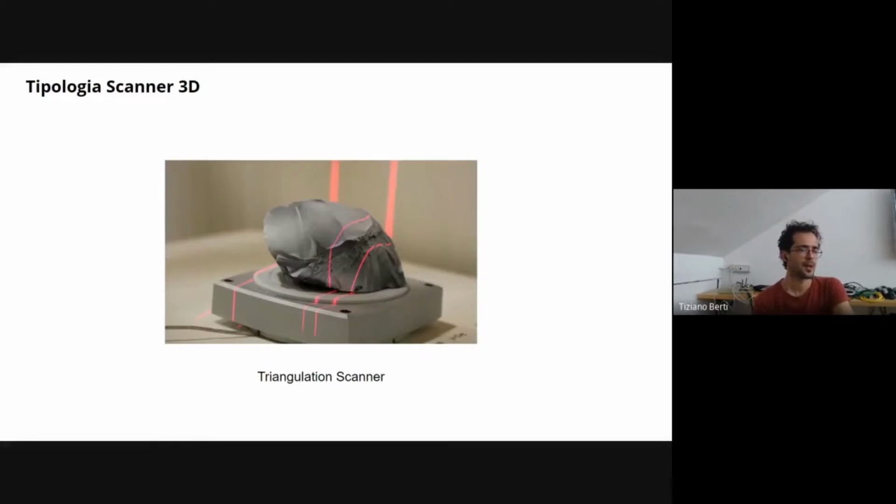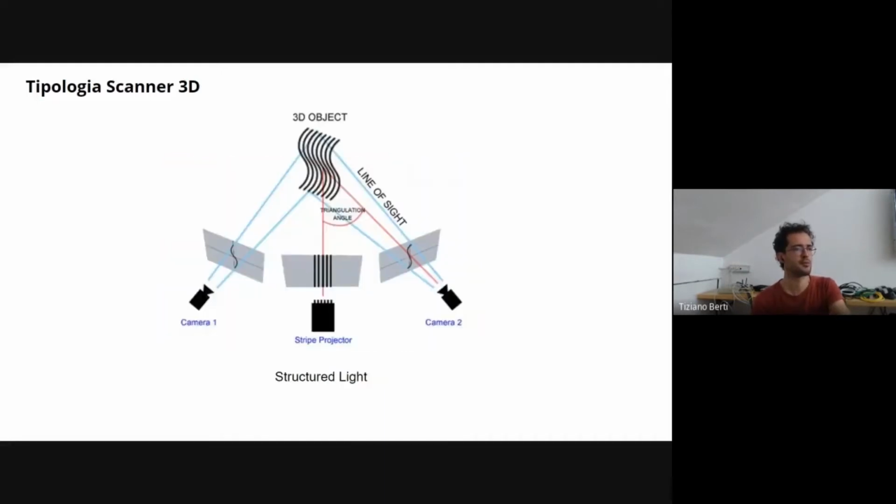And another very useful kind of scanner is the triangulation scanner. Usually it's done with one line of laser or more than one. And you're just looking from a different angle from the point where the laser is going.